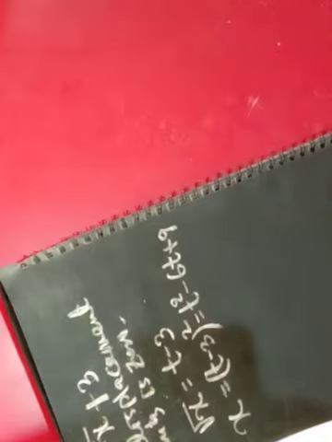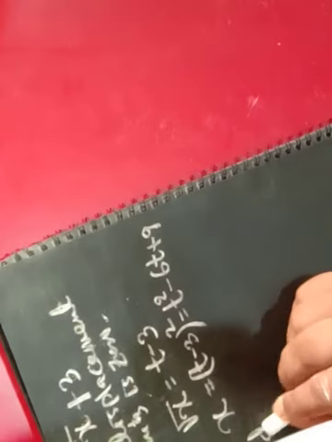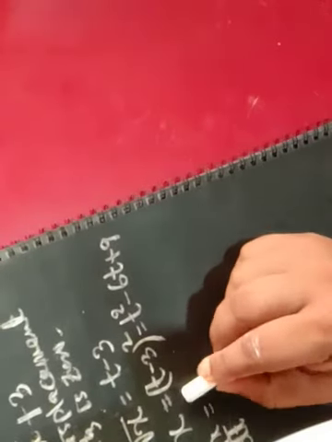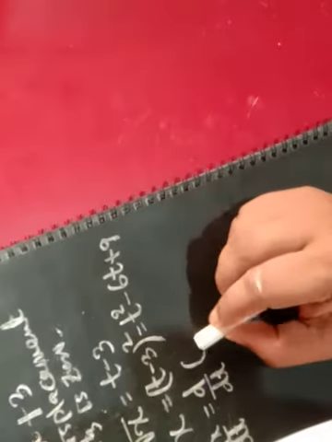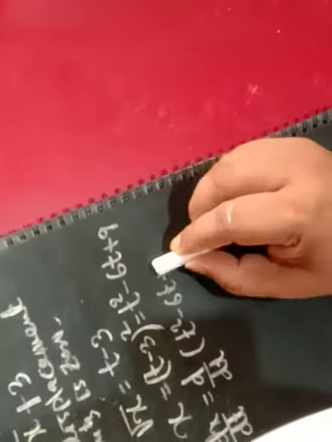Taking differentiation. If you take the differentiation of displacement, you will get the velocity. Velocity v equal to dx upon dt. So this will be equal to d upon dt of t square minus 6t plus 9.